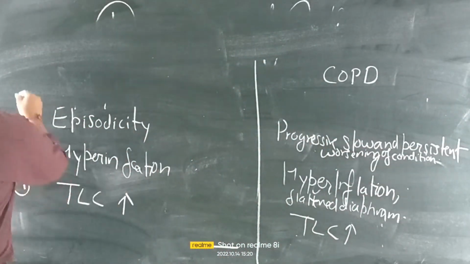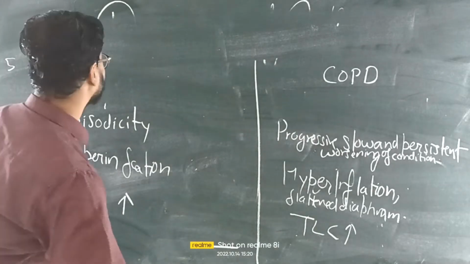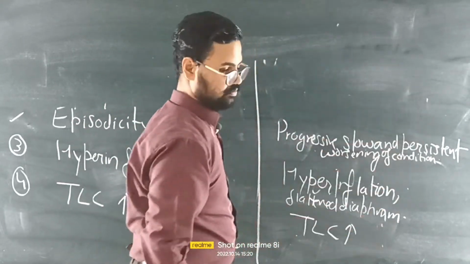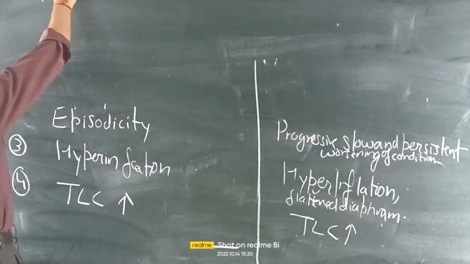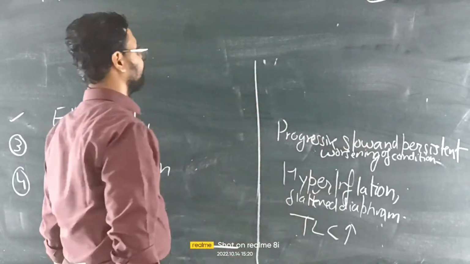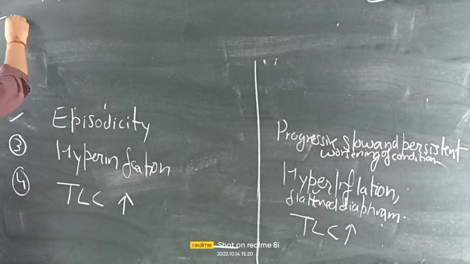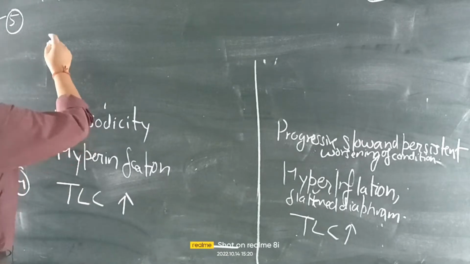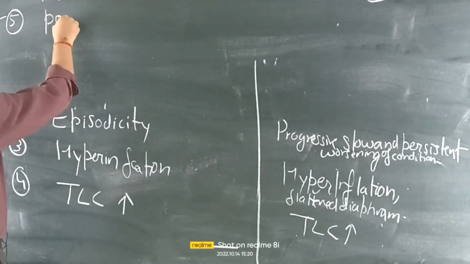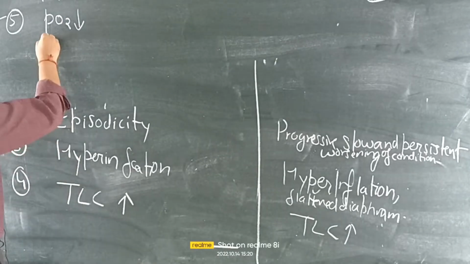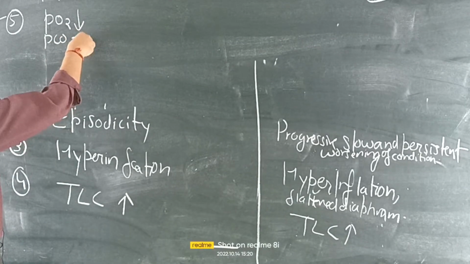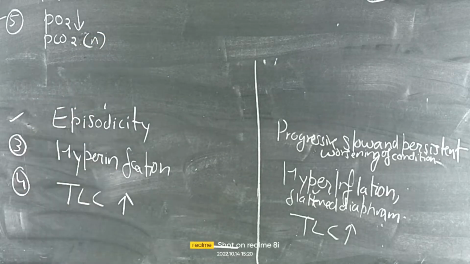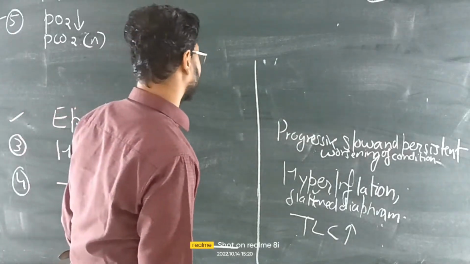Fifth one, major difference, this is asthma and this is COPD. The fifth difference between asthma and COPD is that PO2 is decreasing, but PCO2 will remain normal.